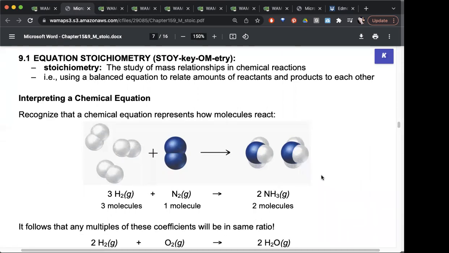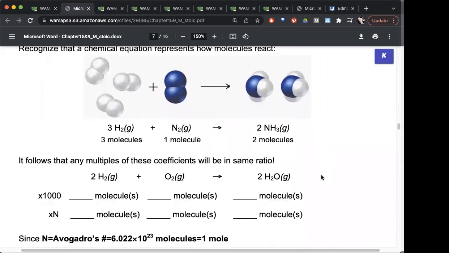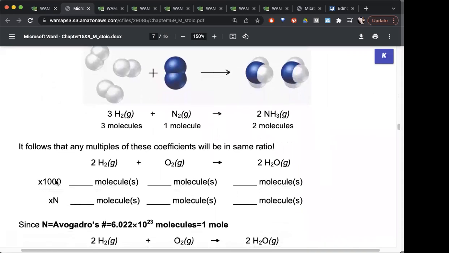Those have to be whole numbers. But when we're looking at a huge collection of molecules, for example, it could be 1,000, in which case we would have 2,000 hydrogen to 1,000 oxygen to 2,000 water.